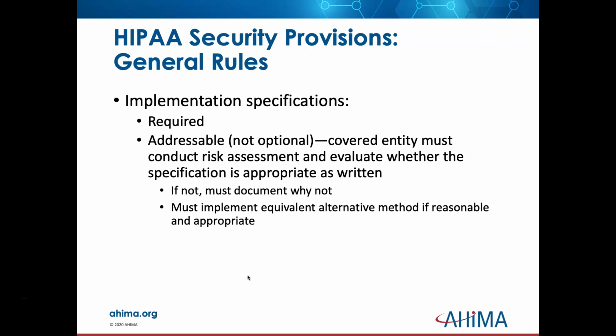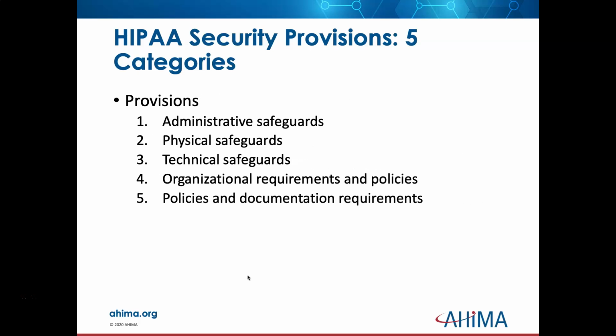So back to the general rules again, we're still on page 307. The implementation specifications, there's some that are required, some that are addressable based on risk assessment. The provisions in HIPAA security, there's 5 categories. There's administrative, physical, technical, organizational, and policies and documentation.